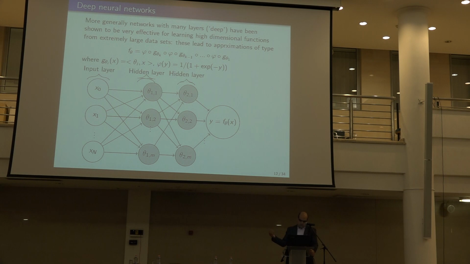This means that we represent the function in this form. You do a composition of the linear combination, the function phi, linear combination, function phi, and so on. You have many compositions as opposed to many linear combinations in one layer. So this is what a deep neural network is.